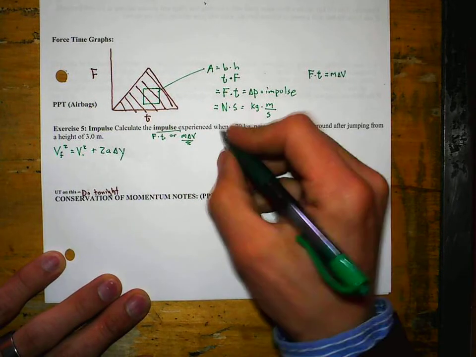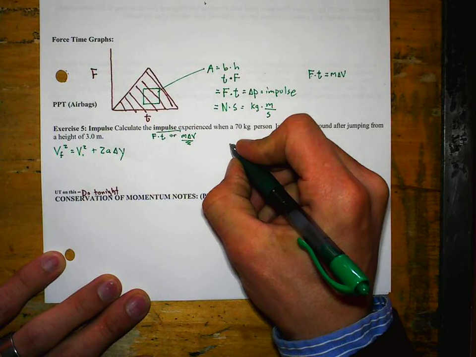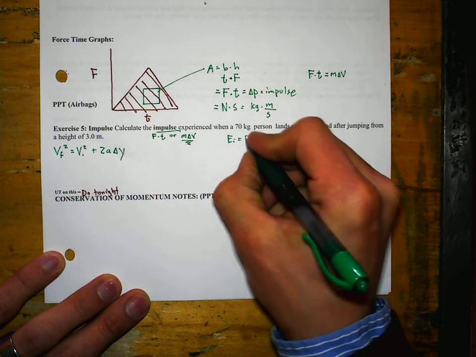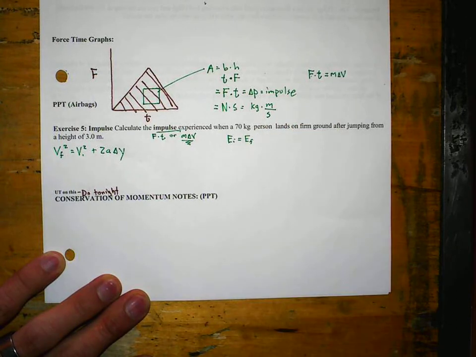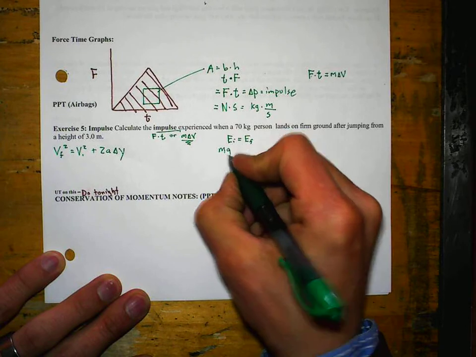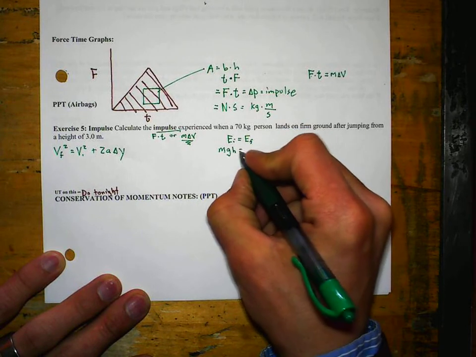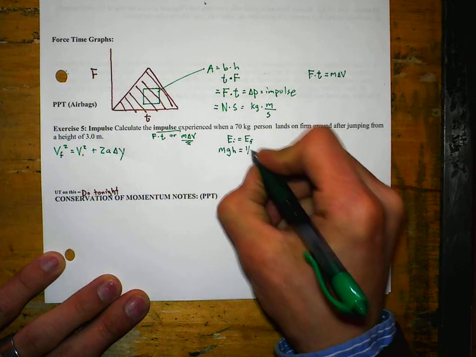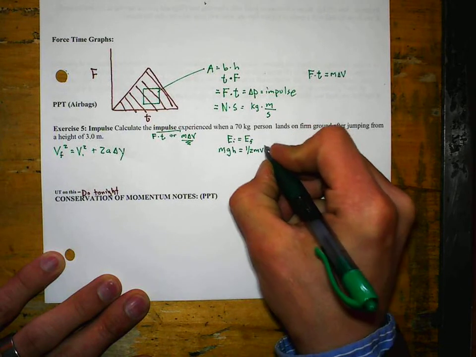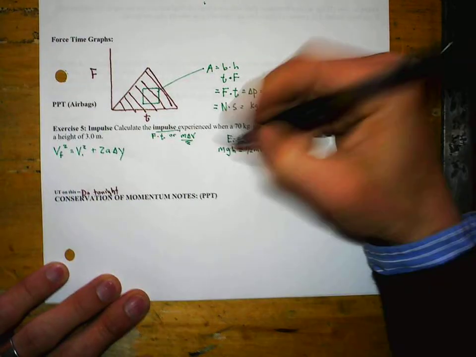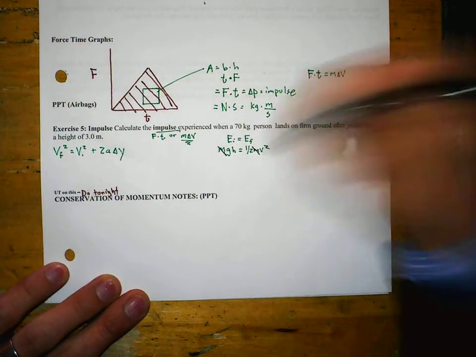The other way we can do it is energy conservation. We can say Ei equals Ef. Initial, we've got potential, and right before they hit, we've got kinetic. So the mass actually cancels.